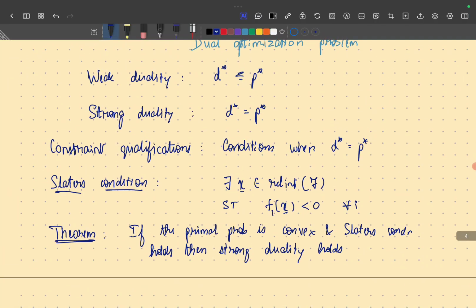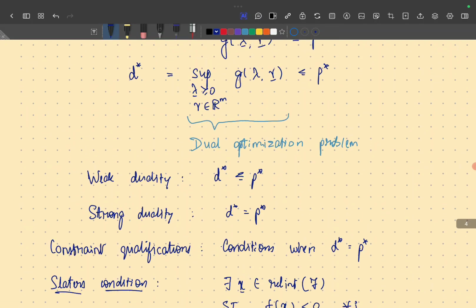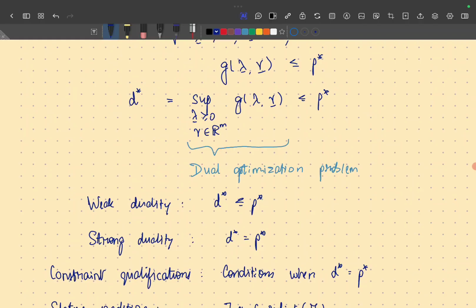All right. So now let's go back to the dual optimization problem. In some ways, this looks a bit simpler compared to the primal optimization problem because I don't have very complicated constraints. The constraint set is basically the non-negative orthant for lambda and all of Rm for mu. So hopefully I should be able to solve this easily, provided of course I can compute the Lagrange dual function.